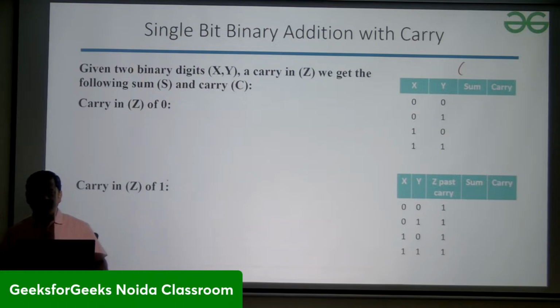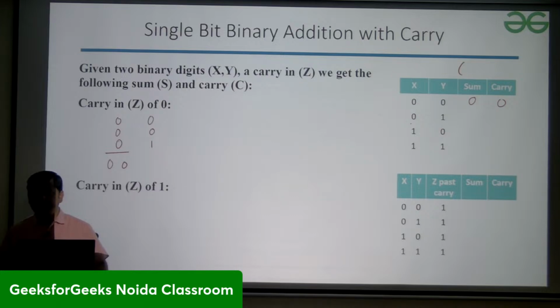All right, so look at the possibilities. If we want to add 0 with 0 and carry is 0, what will be the outcome? Sum is 0 and there is no carry produced, so sum is going to be 0 and carry is going to be 0 again. Let's say x is 0, y is 1 and carry is always 0.